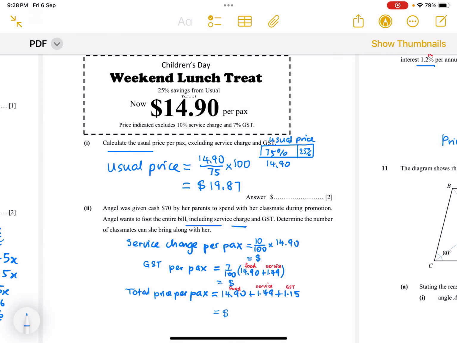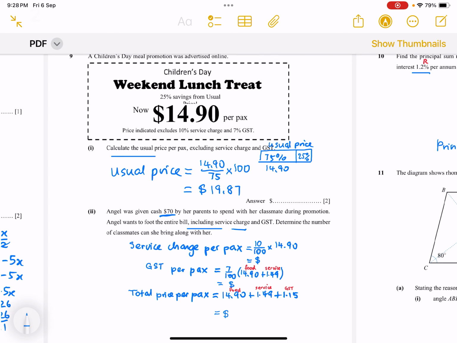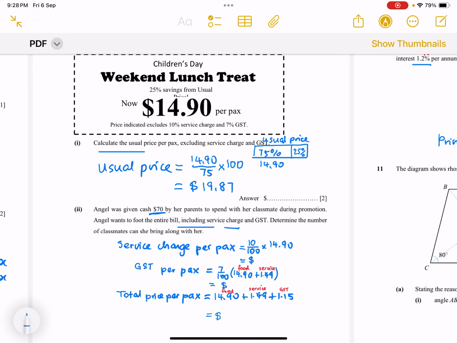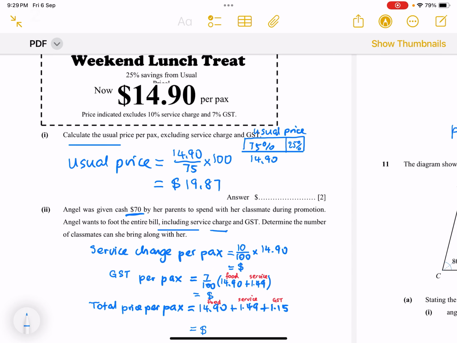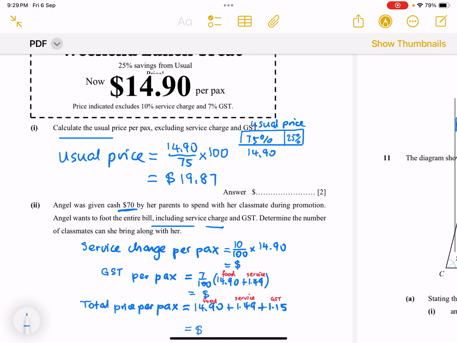Right, now, Angel was given $70, okay, and she wants to know how many people she can invite. Right, so now the $14.90 per person includes 10% service charge and 7% GST.